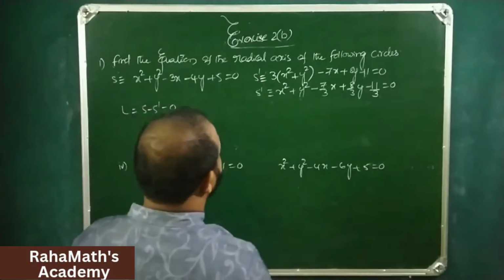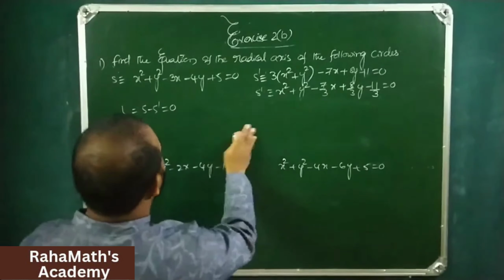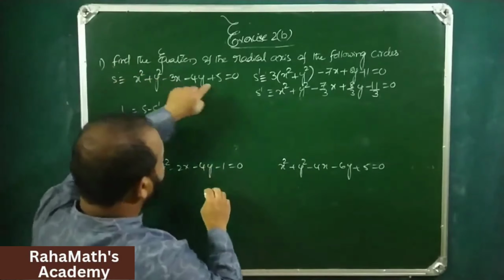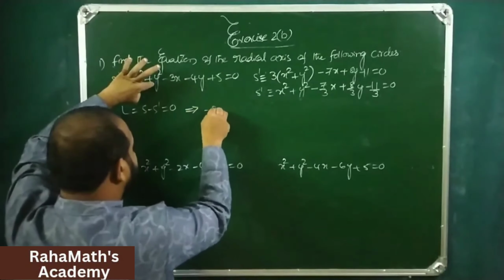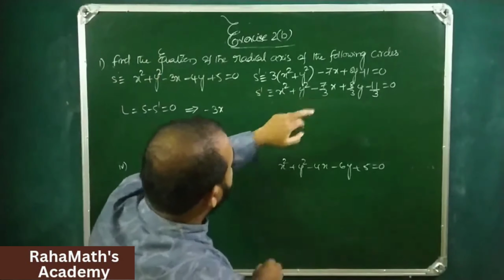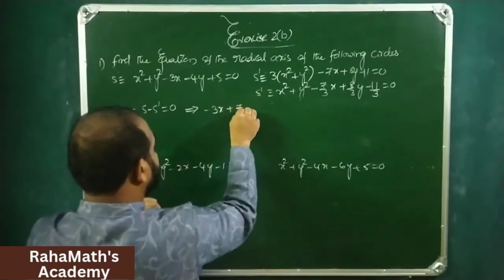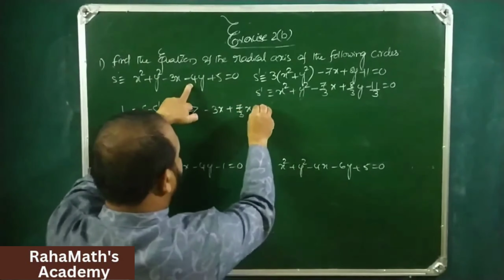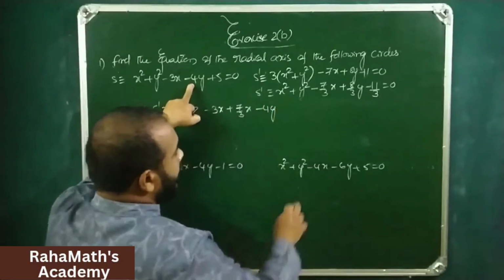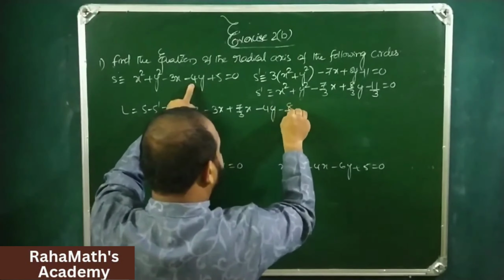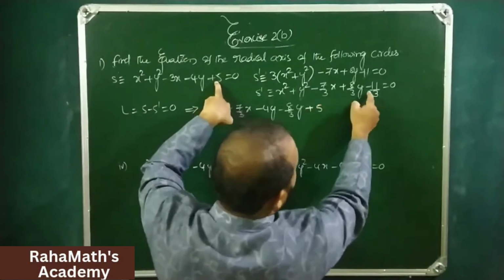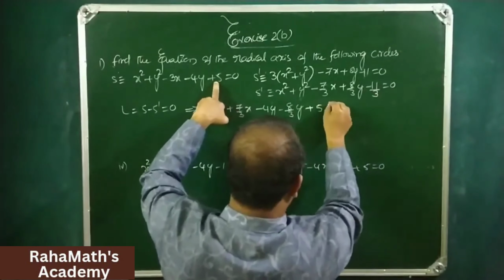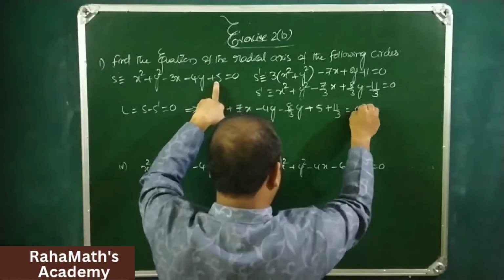Then S minus S dash equals 0. x square plus y square minus x square plus y square gets cancelled. Minus 3x plus 7 by 3 x, minus 4y minus 8 by 3 y, plus 5 minus of minus is 11 by 3 equals 0.